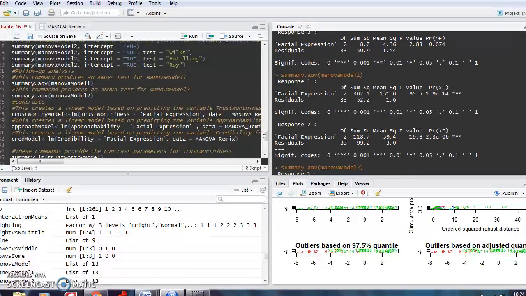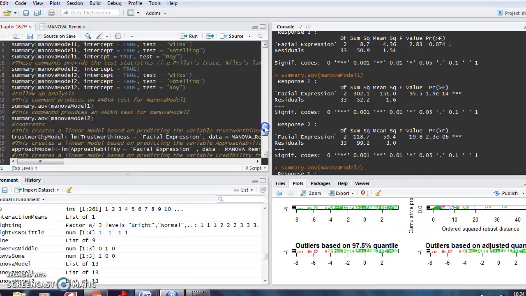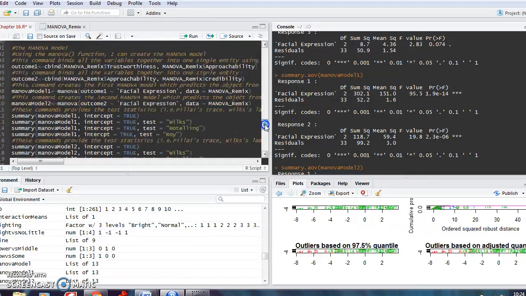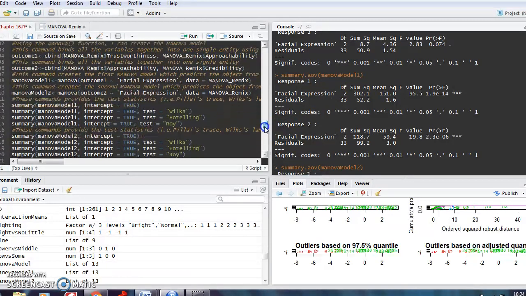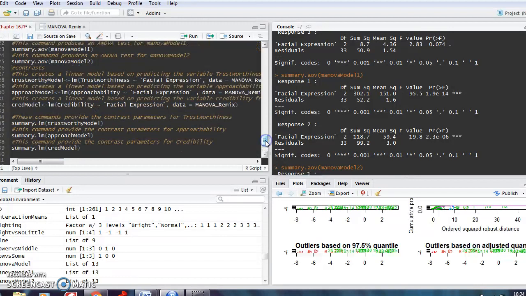So just looking at this, we see that response 1 and response 2, that's trustworthiness and then approachability.